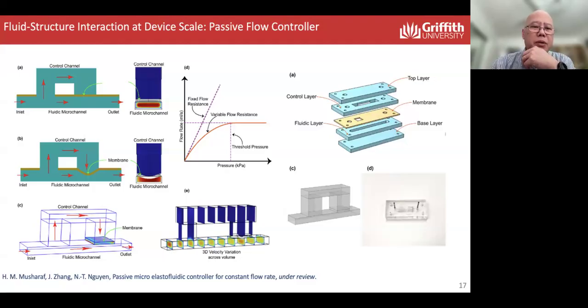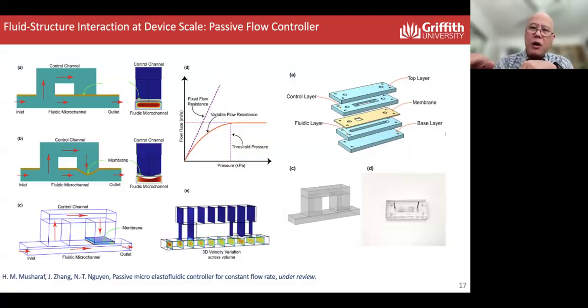So that is an example of a passive flow controller. In a way, this is also called a fluidic transistor or a self-tunable micro valve. In the left corner, you see the concept, how the device works. We have a flow channel, and then you have a membrane, which usually works as a valve.